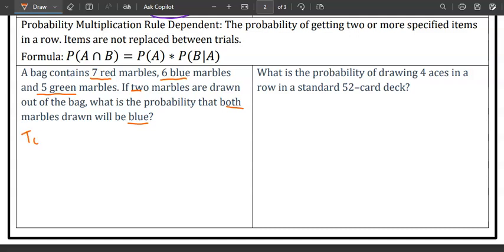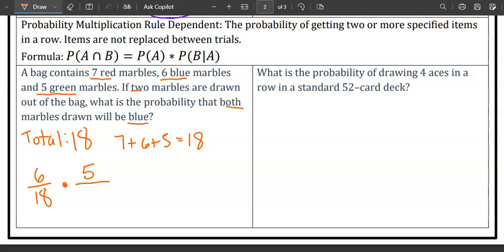First, we want to find the total. 7 plus 6 plus 5 would be 18. The probability that the first marble will be blue is 6 out of 18. And for the probability that the second marble will be blue, you need to subtract 1 from each of these numbers.